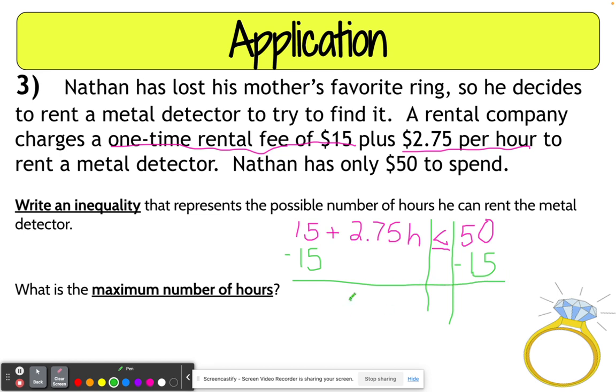And I get $2.75 times the number of hours has to be less than or equal to 35. 50 minus 15 is 35. Now my next step is to divide both sides by 2.75.